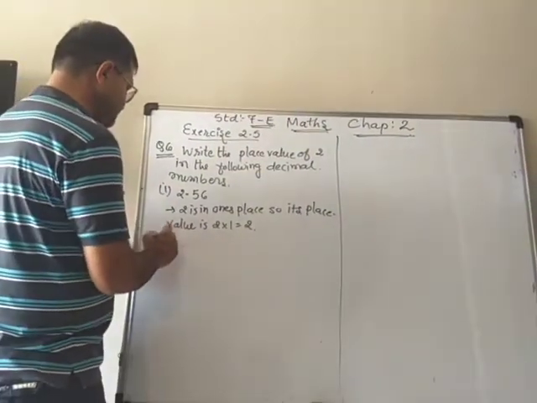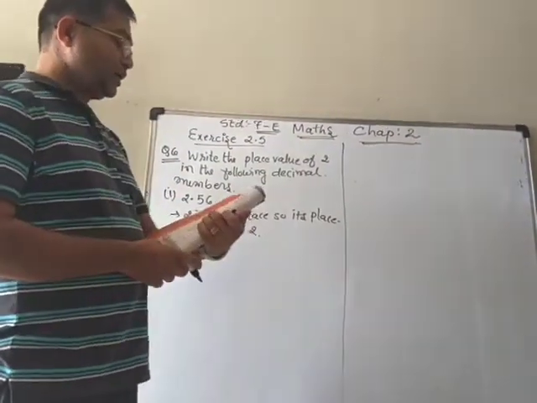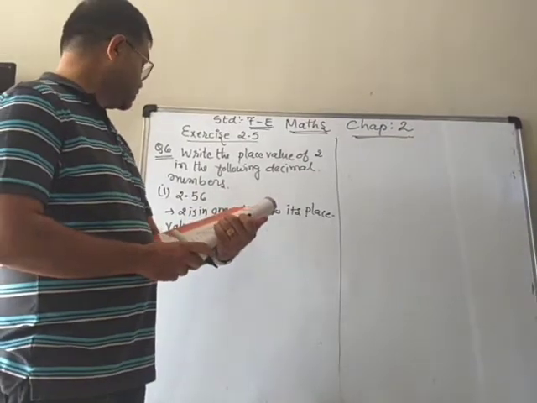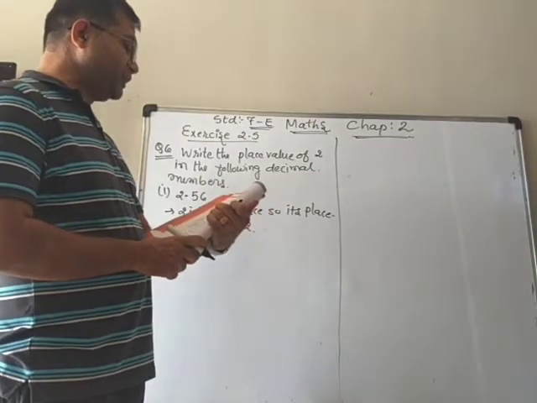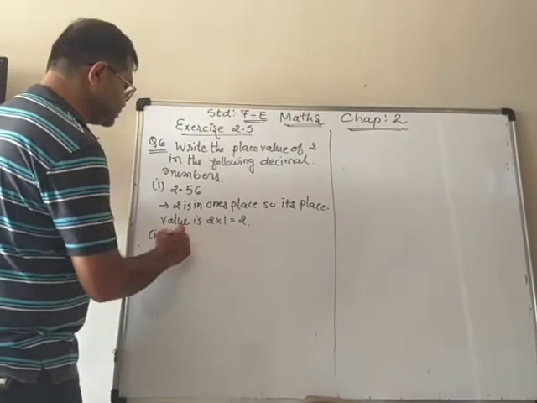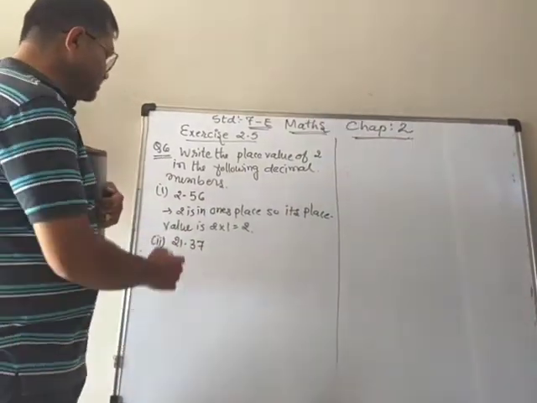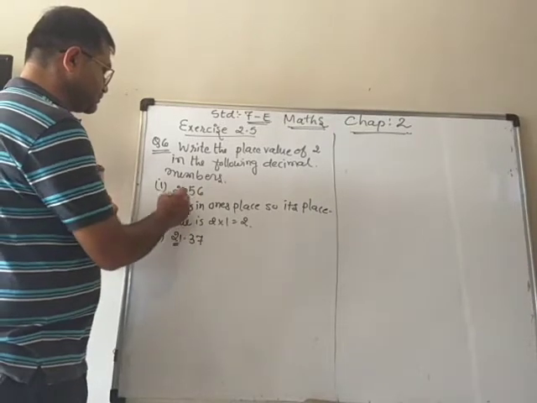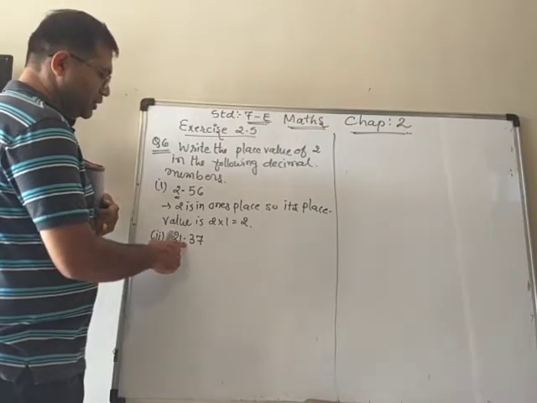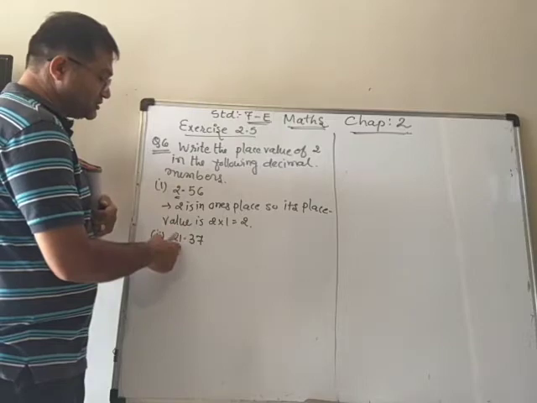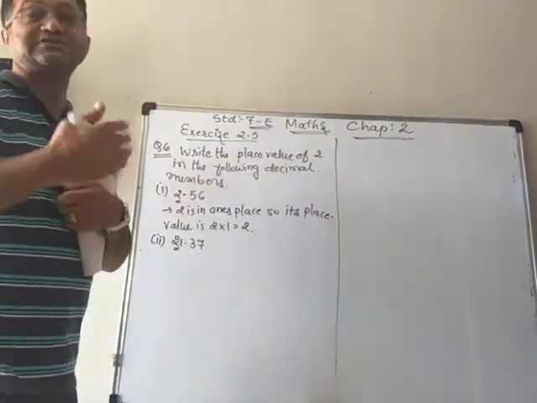Second number is 21.37. Now here you can see that 2 is not in the ones place. There is ones and then tens place. The second place is tens place.